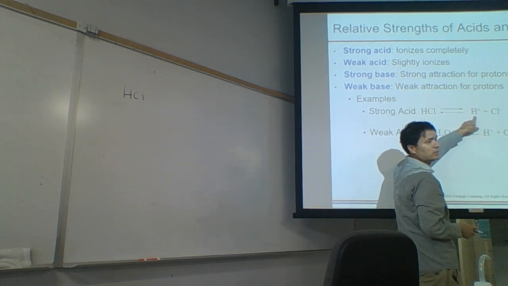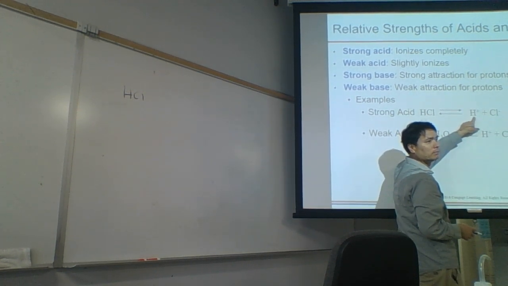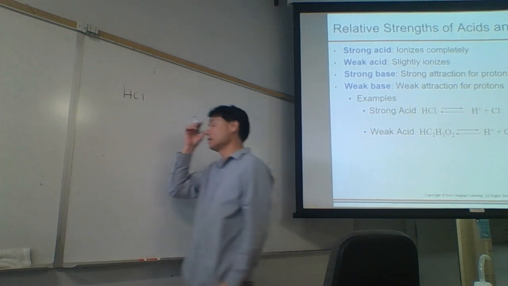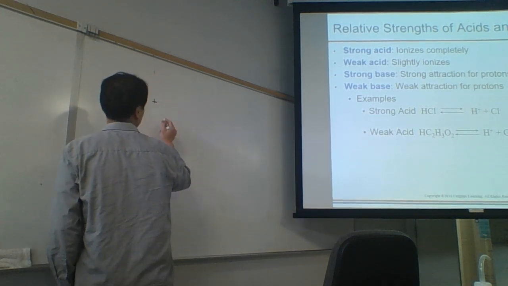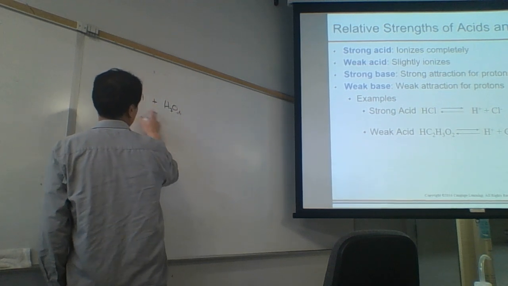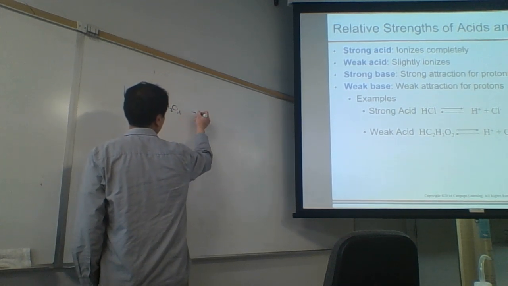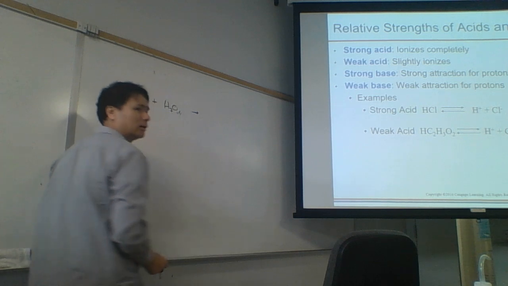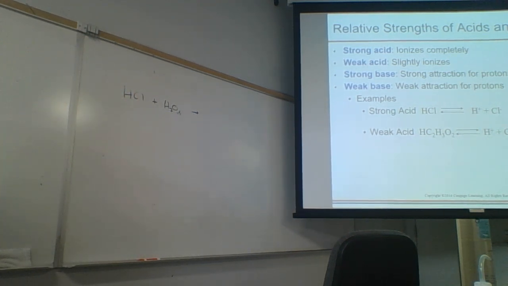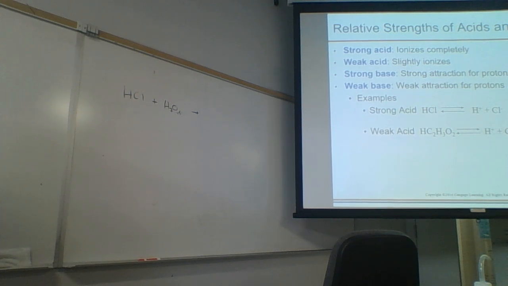As you recall, is H plus stable? No. In other words, when we say H plus, we think H3O plus, and that comes because H plus is unstable. And so HCl plus H2O liquid, this is going to produce what? Acid donates, bases accept.